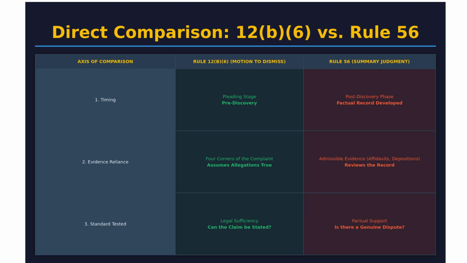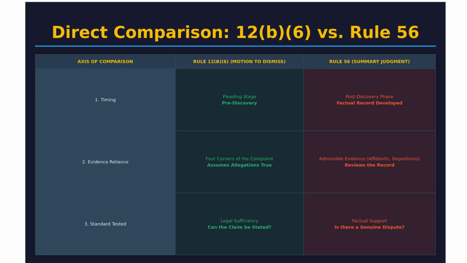Second, look at evidence reliance. A 12b-6 motion is strictly limited to the four corners of the complaint, assuming all well-pleaded facts are true. Rule 56 requires the court to review the entire evidentiary record, relying only on admissible evidence. Finally, the standard tested differs fundamentally. 12b-6 tests legal sufficiency.